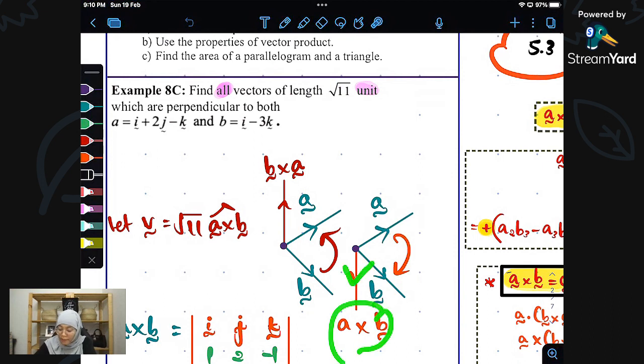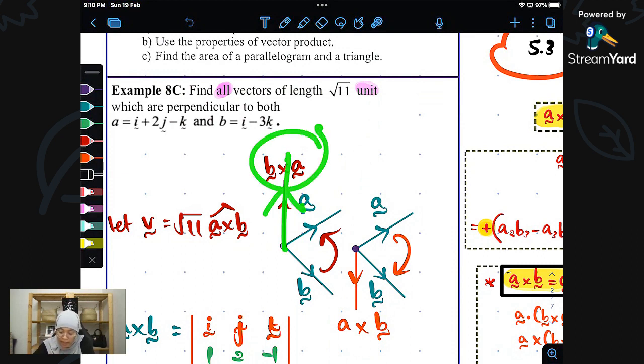Okay, A cross B, tapi the opposite direction must be B cross A. Dia bukan A cross B juga. The opposite direction it must become switch, B cross A. Itu je purpose dia sebenarnya. Because they say this is perpendicular. It's so hard to show you in 2D, but I guess when I show you in 3D, it is more understandable, isn't it?